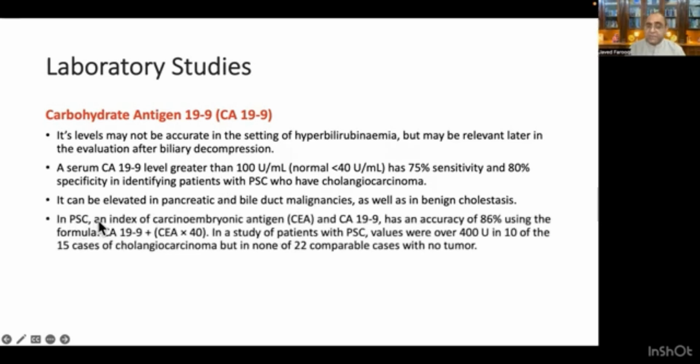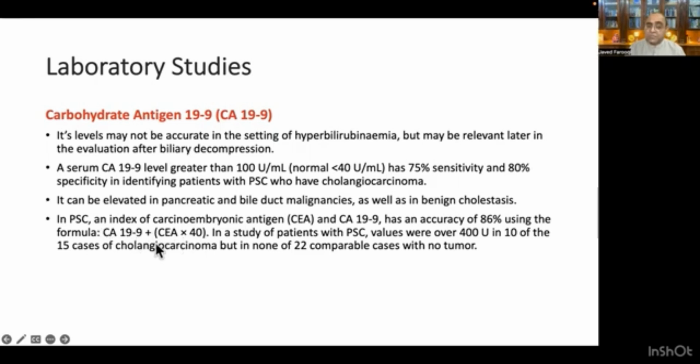In PSC, an index of CEA, carcinoembryonic antigen, and CA 19-9 has an accuracy of 86% using the formula CA 19-9 plus CEA multiplied by 40.